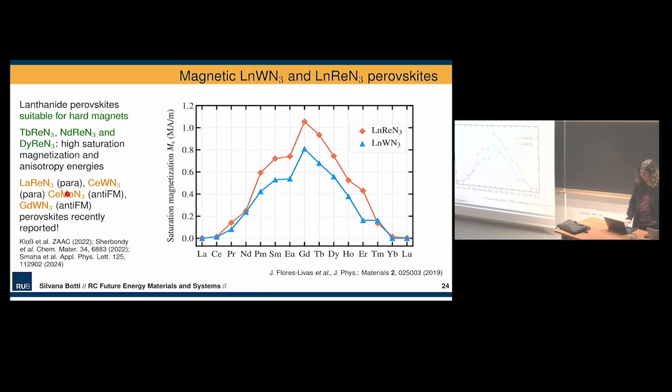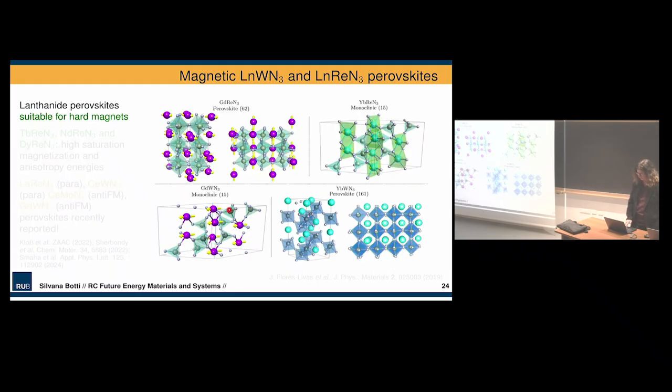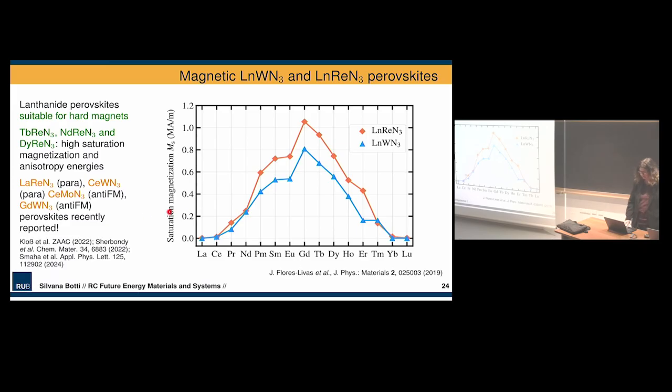But some of them are more stable in antiferromagnetic phases rather than ferromagnetic phases. For example, this gadolinium one, we had it ferromagnetic, or paramagnetic, basically with very small ferroelectricity in the monoclinic phase, but it's experimentally found that it can be stabilized in an antiferromagnetic perovskite phase.